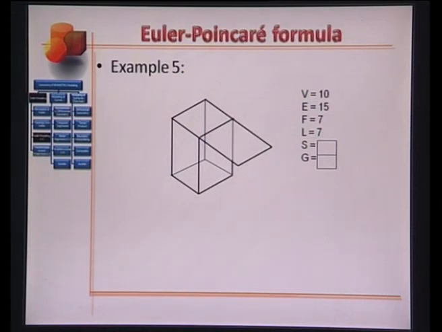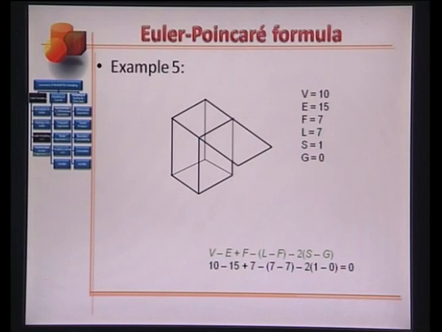And if we assume that this is a valid solid, the shell value, the number of shells, is 1 with no handles, and therefore the genus is 0. Euler-Poincaré formula predicts that this is a valid solid, but we know that this polyhedron violates the homogeneous three-dimensionality property of solids.